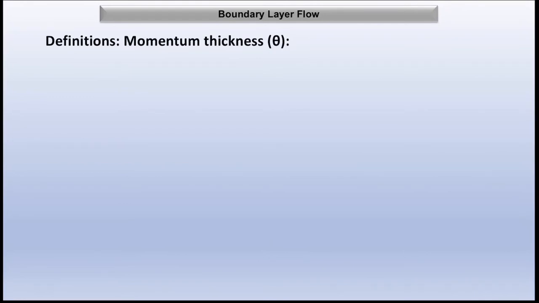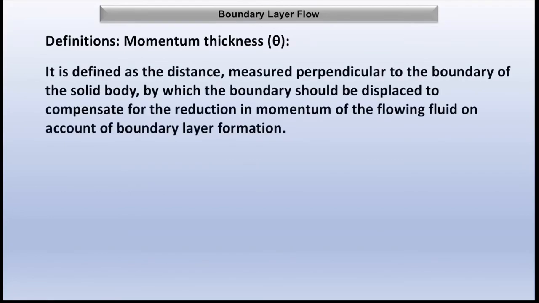And the second term we are going to calculate is the momentum thickness. When there is a formation of the boundary layer, there will be a change in the momentum of the fluid near the boundary, and to calculate that change in the momentum we have the momentum thickness.